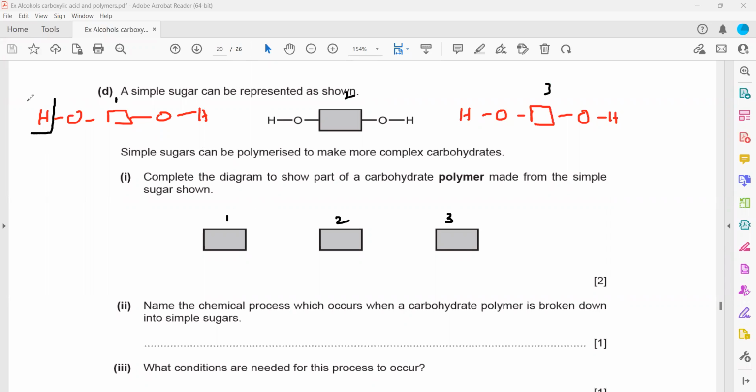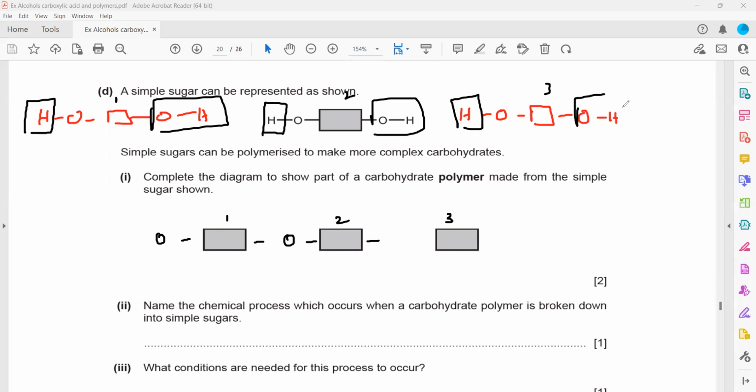When I remove H from here, I will remove OH from here. So for molecule 1, what will it be? It will be O, and then nothing will be there because OH is removed. Now moving to molecule 2, I remove H from one side, so I should remove OH from the other. So there will be oxygen here and nothing on this one. Then you check the third one, I remove H from here and OH from the other. So there will be oxygen here and there will be nothing, like OH is removed.